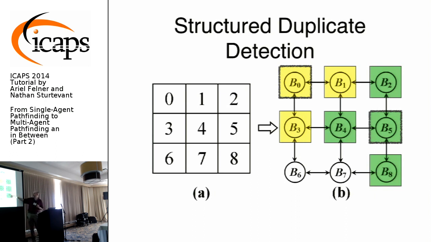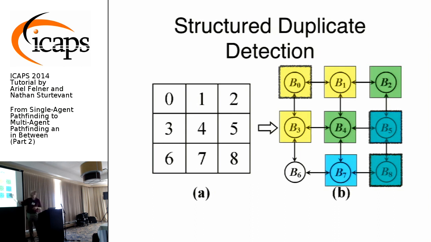If your abstraction here is not fine-grained enough, so that you keep running into collisions, he has some papers where he dynamically repartitions the graph to be able to more efficiently do the structured duplicate detection. Of course, down here at B8, we have to notice that I had the previous level and the next level.